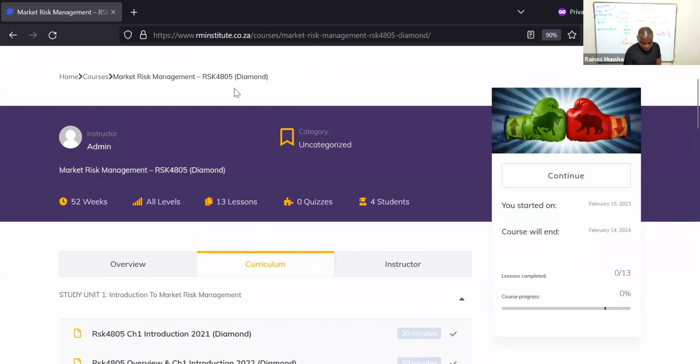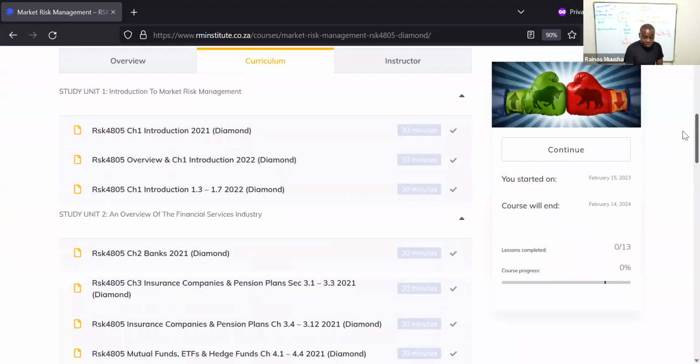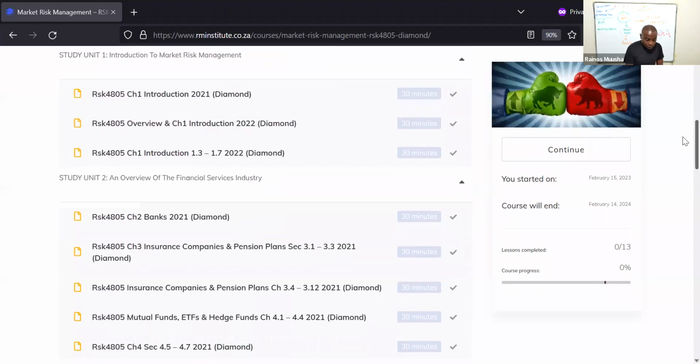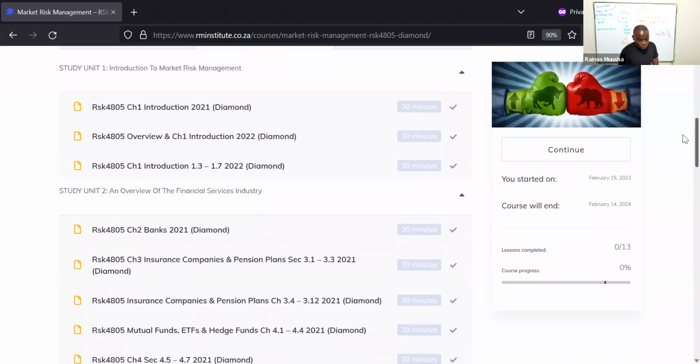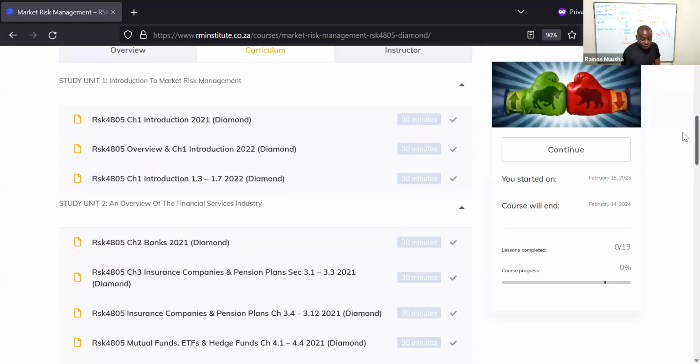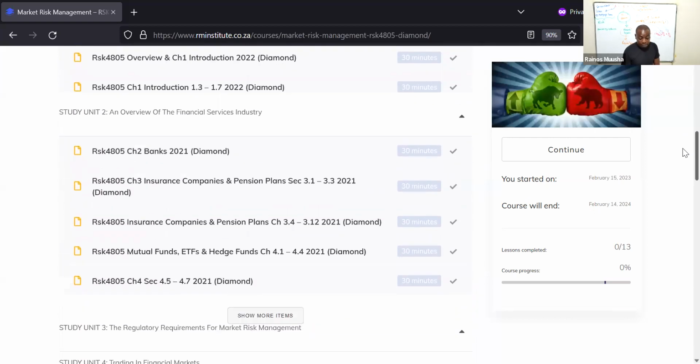Once you're registered, we create a user account for you. For those who are on the diamond package, because you're going to be paying as and when, we also give you access to the material as and when. For now, we have given you access to study unit 1 and study unit 2 of the textbook.